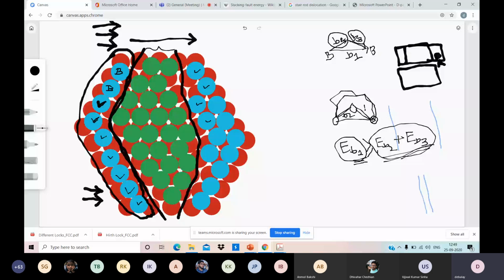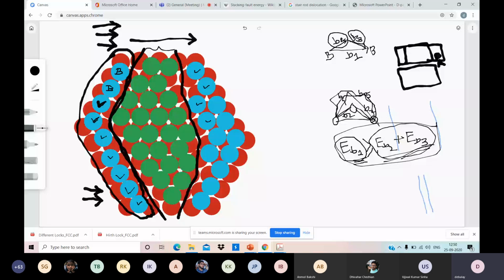All possibilities exist, but you have to check energetics. Energetically, whichever one is favorable, that one will actually happen. If energetically a perfect movement is favorable, then perfect dislocation will happen. If energetically a partial movement is favorable, then what will happen?